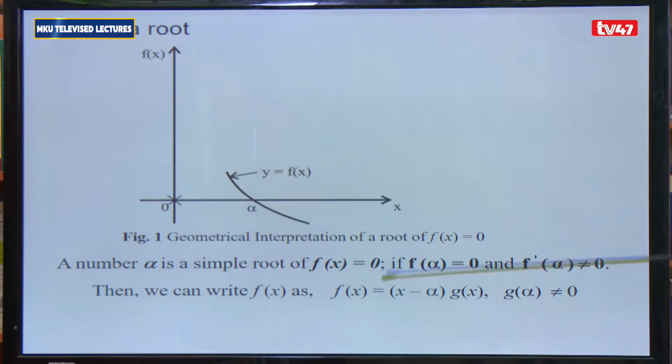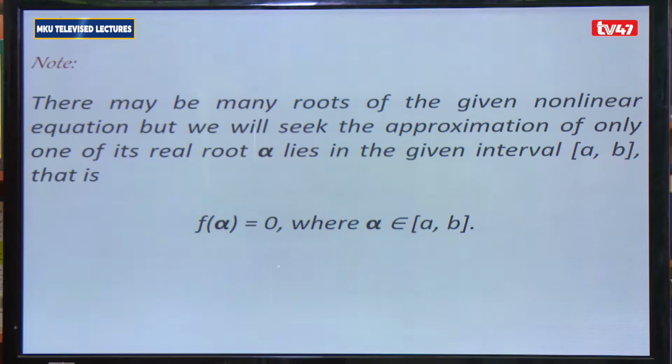Then we can write the function as f(x) = (x - alpha) g(x), where g(x) is any given form of a function.